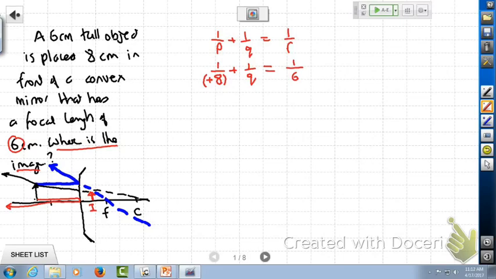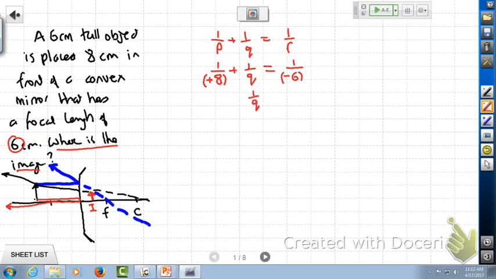Now, this is a convex mirror. Does the sign convention say it's a positive 6 or a negative 6? It's a negative 6 because it's convex. And you never figure that out from first principles in a test; you just have to walk into the test knowing that.